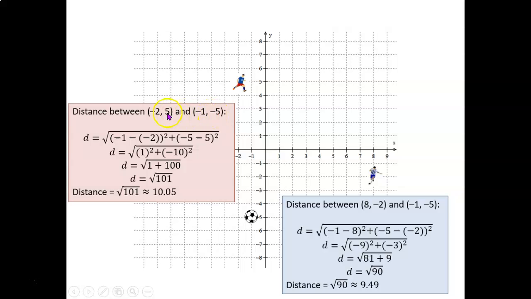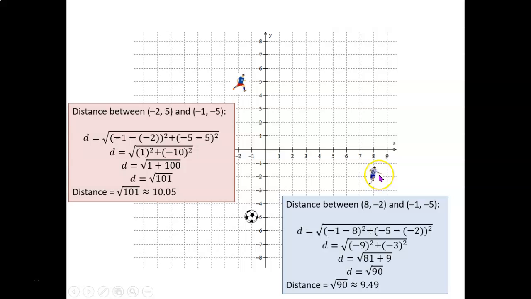Y-coordinate minus y-coordinate would be negative 5 minus 5, which is negative 10. Square that, you get 100. And 1 plus 100 is 101. Take the square root of that, and it's about 10.05. It's a little bigger than the square root of 100, which would be 10 exactly.